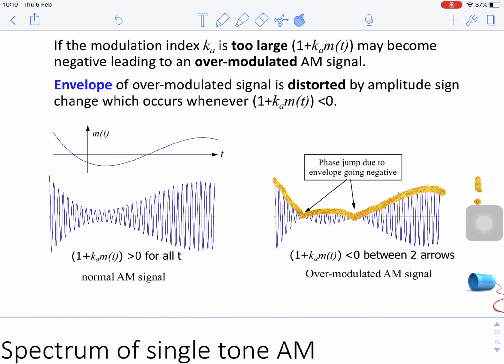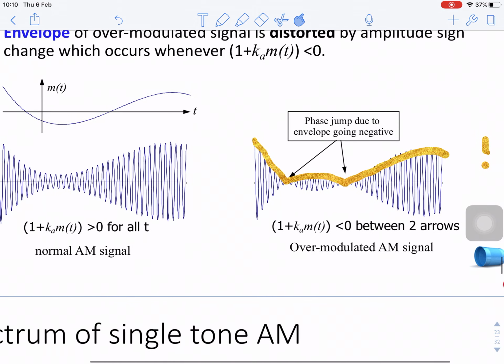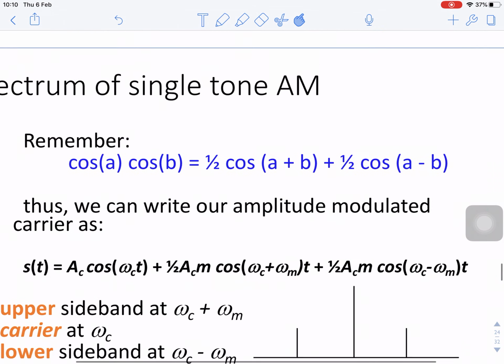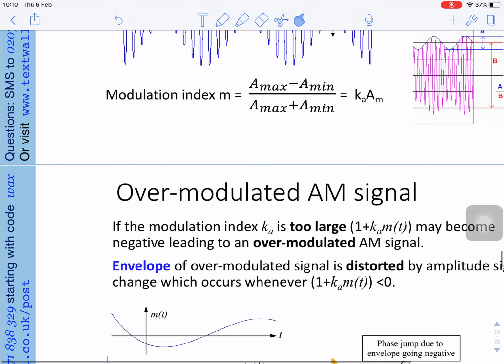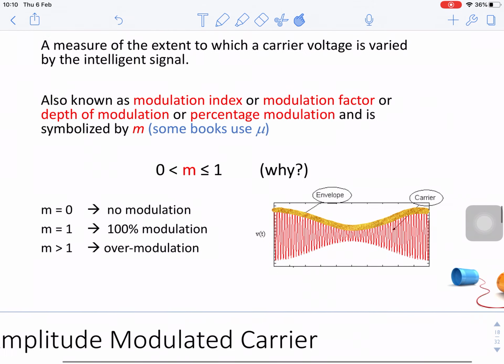And so the envelope of the modulated signal is distorted by the amplitude sign changes that occur whenever 1 plus Ka MT is less than 0. That's obvious, because the reason why we need this is we do not want this to be less than 0, which means that we want the Ka to be less than 1. Right?